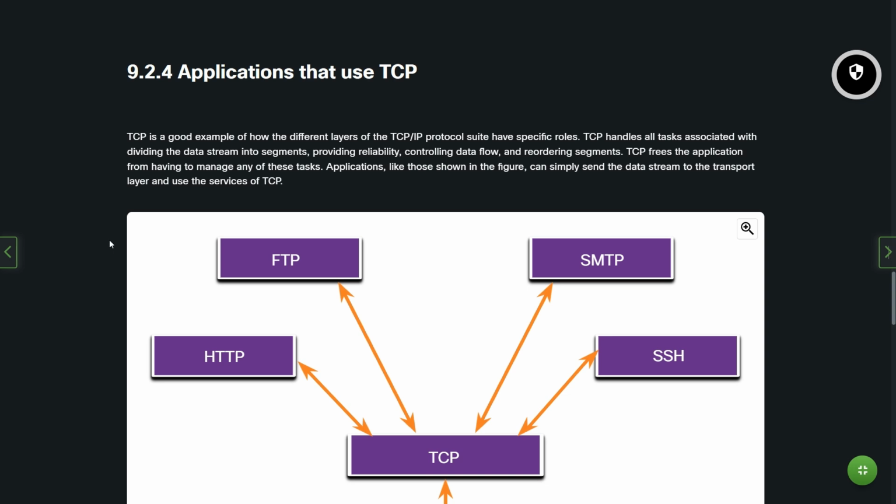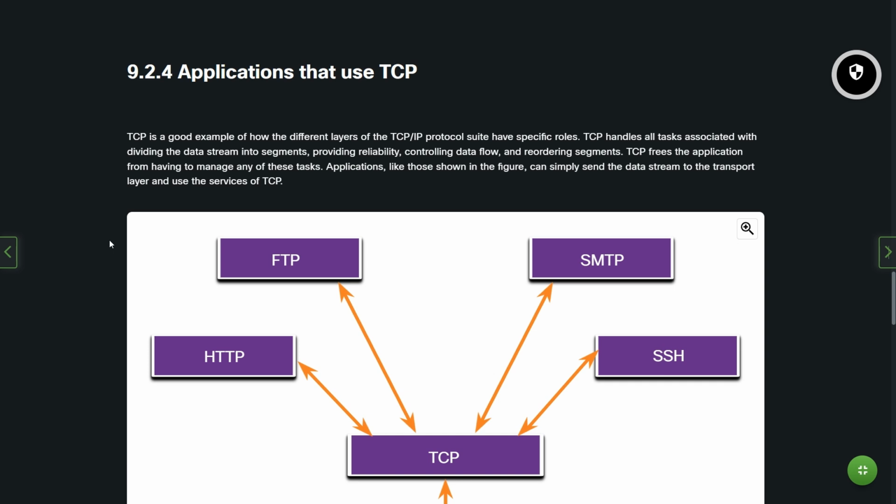TCP is a good example of how different layers of the TCP/IP protocol suite have specific roles. TCP handles all tasks associated with dividing the data stream into segments, providing reliability, controlling data flow, and reordering segments. TCP frees the application from having to manage any of these tasks.